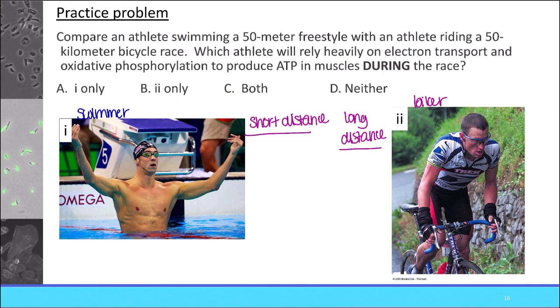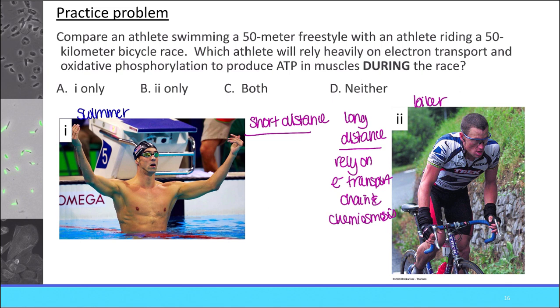If we take a look at the long distance biker, he is going to be the one that relies heavily on the electron transport chain and chemiosmosis. He is going to be biking for 50 kilometers, which is a really long distance.